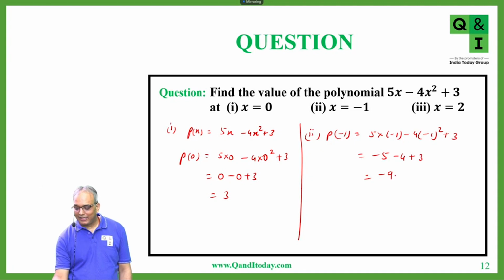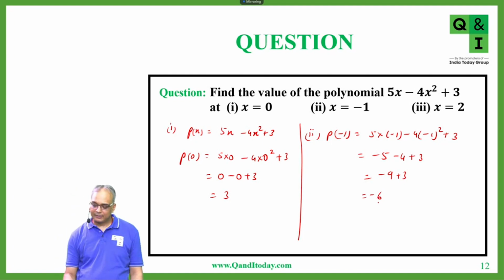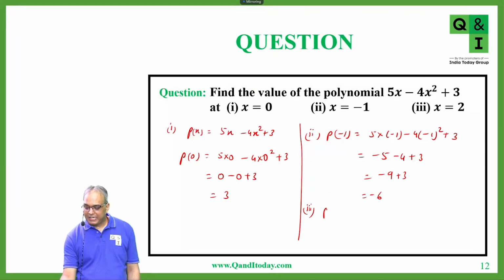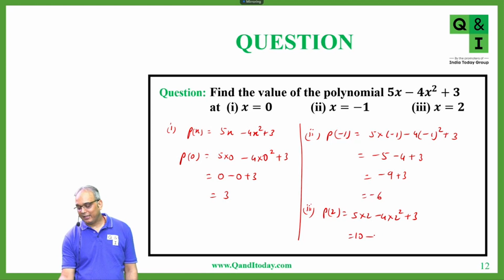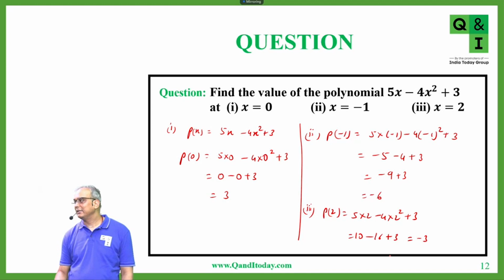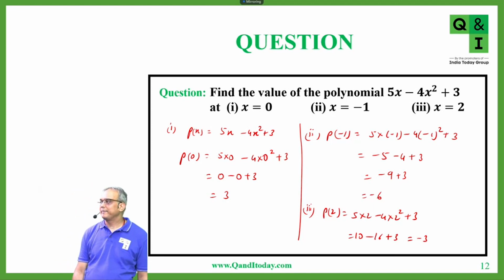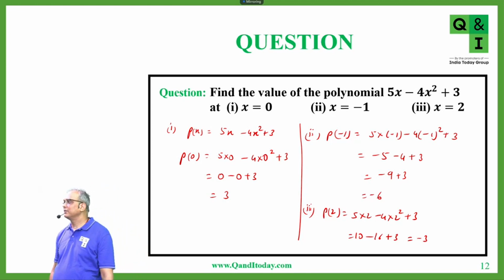So -9 plus 3, which is equal to -6. And for the third, -3 is the correct answer. So p(2) will be equal to 5 into 2 minus 4 into 2 square plus 3, 10 minus 16 plus 3, 13 minus 16 is -3. So -3 is the correct answer for the third one.